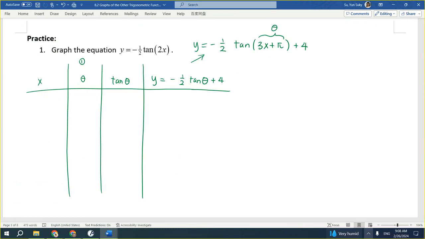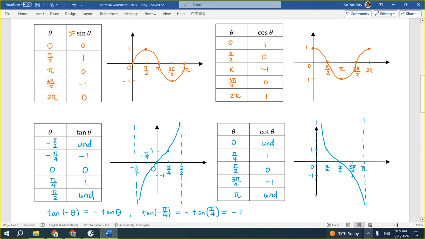So what's your theta column? Negative pi over 2, negative pi over 4. Do you still have this paper?